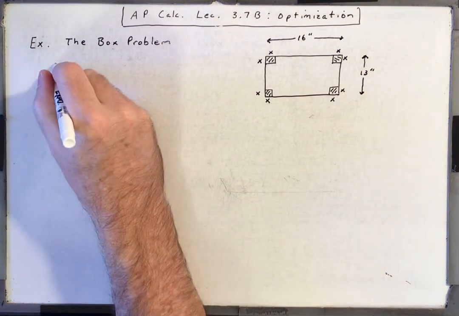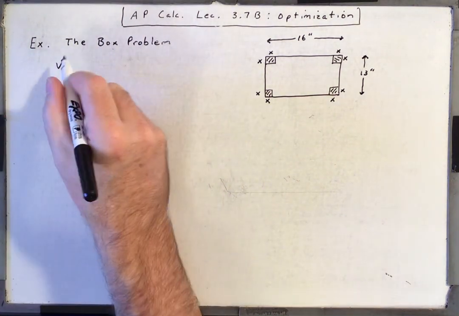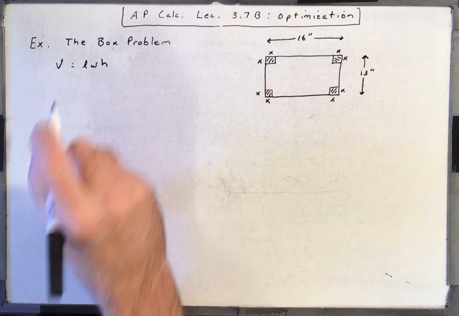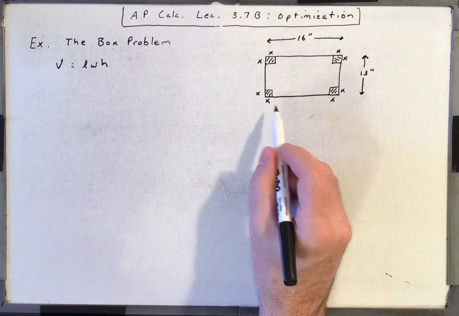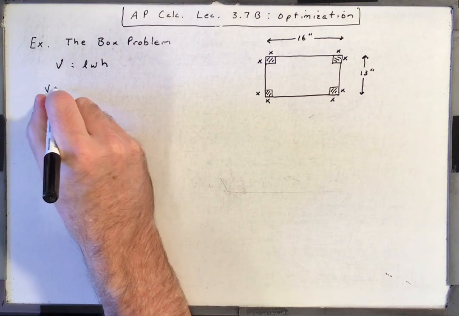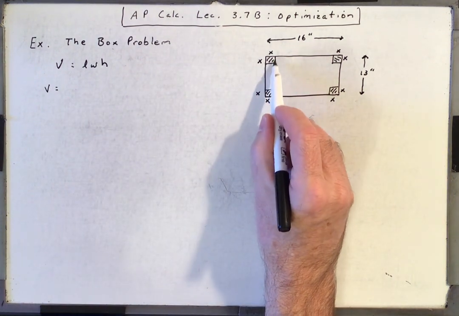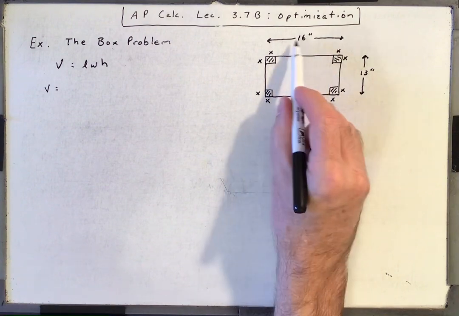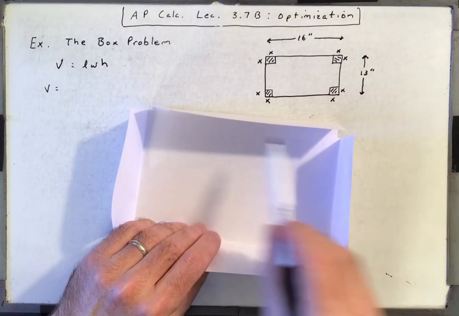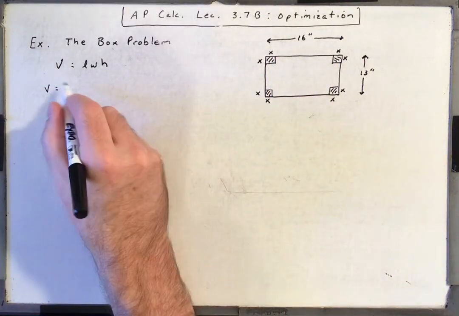Now we know that volume of a box would be length times width times height. But we need to do that in terms of x's and 16s and 13s, right? So our volume would be, after we snip out these x's, this long length would be 16 minus 2x.